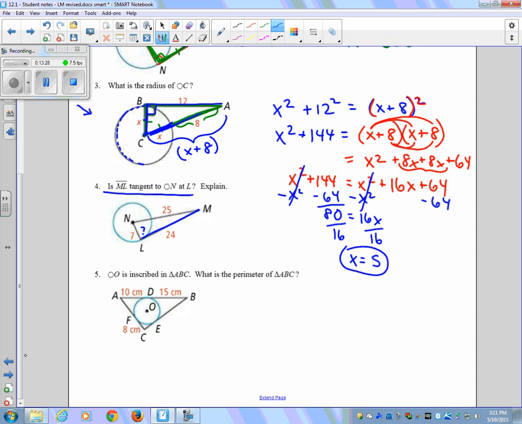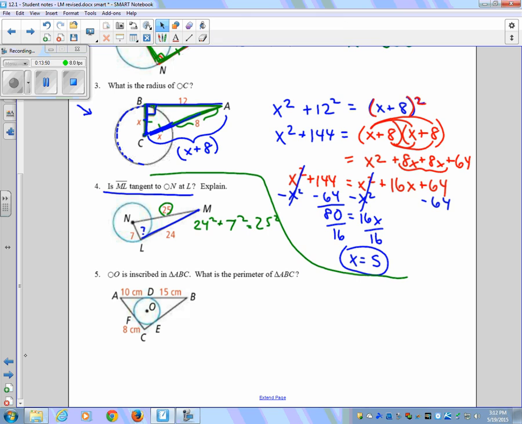So we could use the Pythagorean theorem to test to see if it's a right angle. Remember doing that. Check and see, is 24 squared plus 7 squared equal to the hypotenuse 25 squared? Check and see if the Pythagorean theorem works. I'm going to give you a minute to do that and then come back.